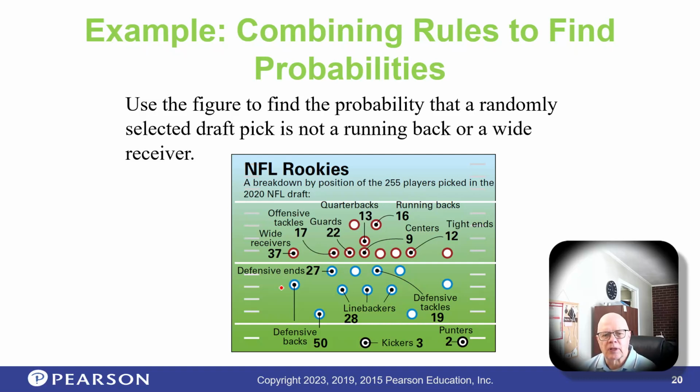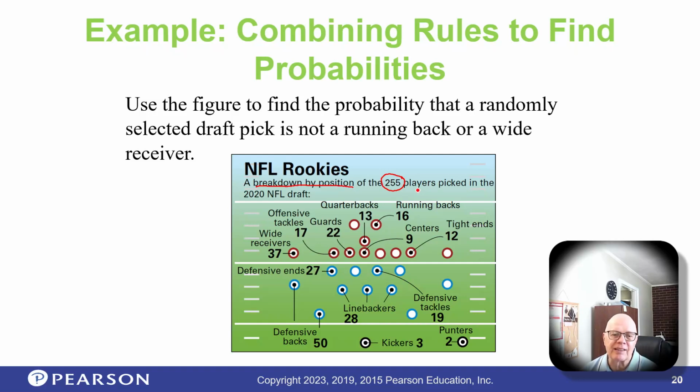All right, whether you're a football fan or not, here's a football example, but it's not too difficult. The important thing to note is that we've got a breakdown by position of the 255 players picked in the 2020 draft. Each one of those players who is selected is labeled as a wide receiver, offensive tackle, guard, and so on.